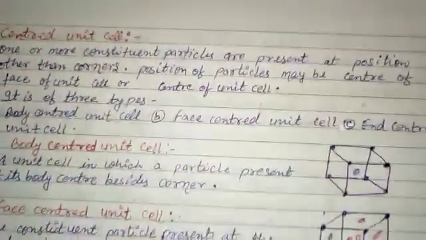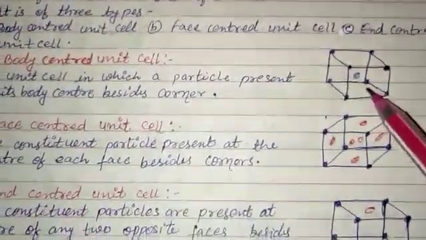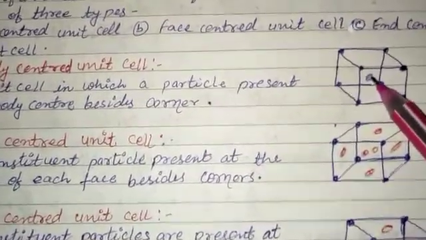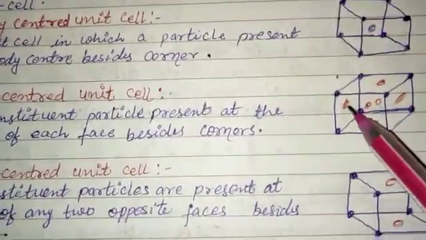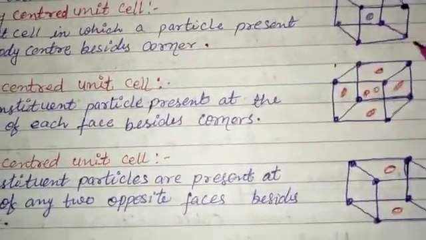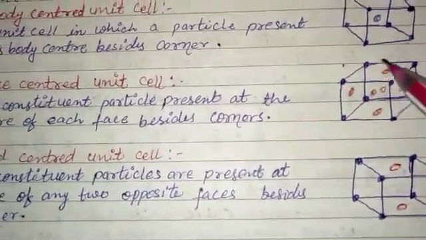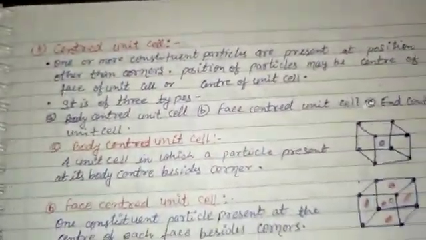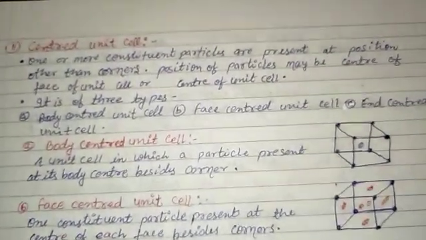Second is the centered unit cell. Let us talk about this. In a centered unit cell, particles are present at the center of the unit cell or at the center of the faces, besides the corners. The primitive unit cell you have studied just before this.